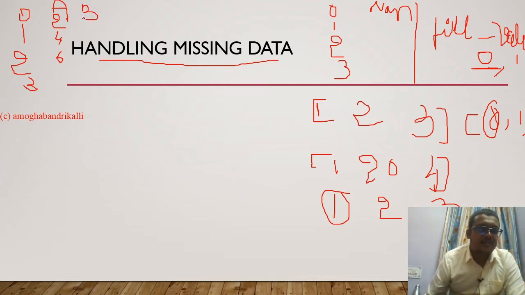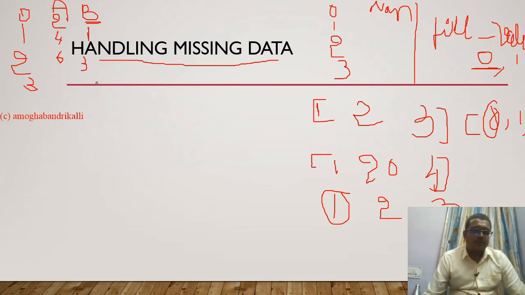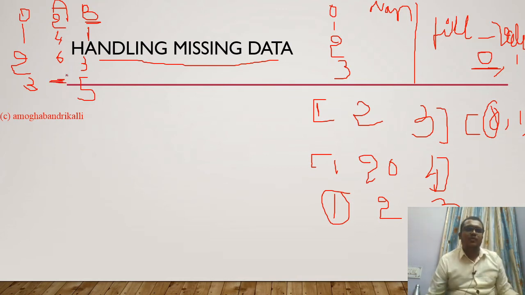For matrix B, we are not having any number for index 0. For index 1 we have 1, for index 2 the value is 3, for index 3 the value is 5. And for matrix A there is no value at index 3.